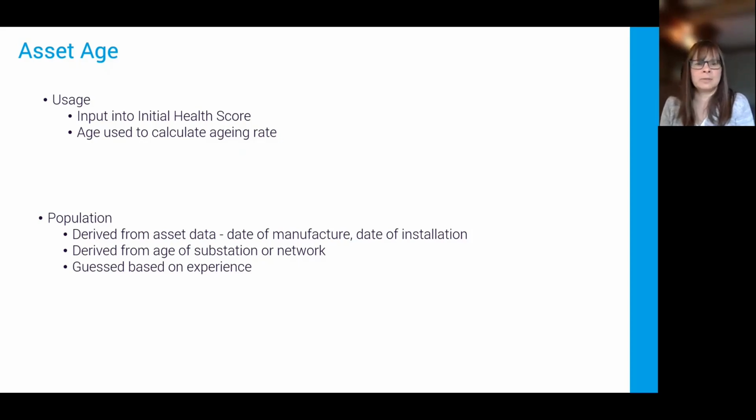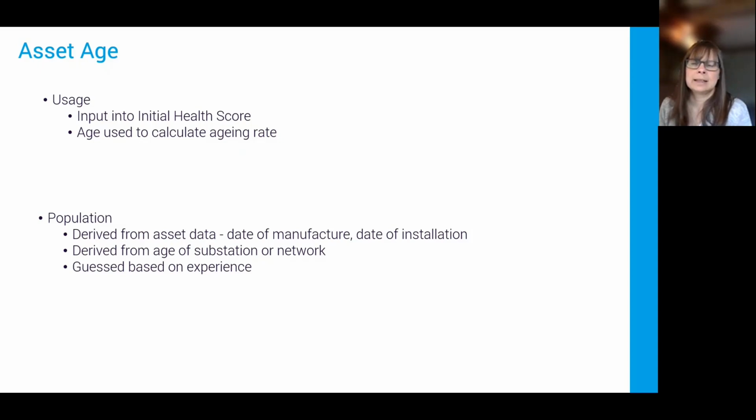But then when we've added all the information together to create the current health index, we then look back and see how long it's taken for the asset to go from its new position to where it currently is. And then we use that to create a second aging constant. And it's that second aging constant we use to predict our assets into the future.